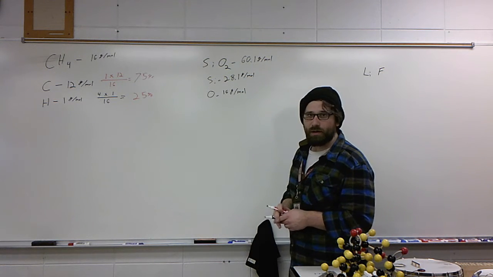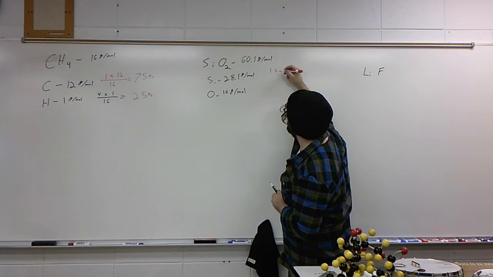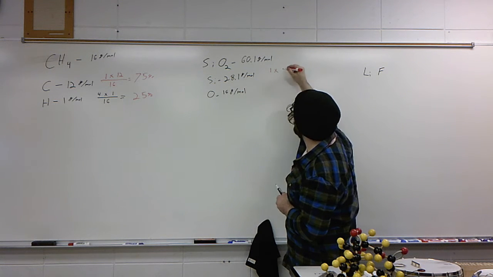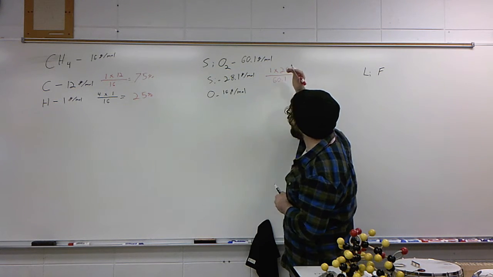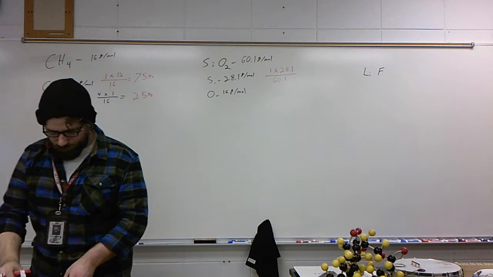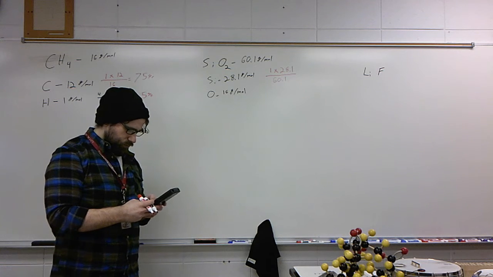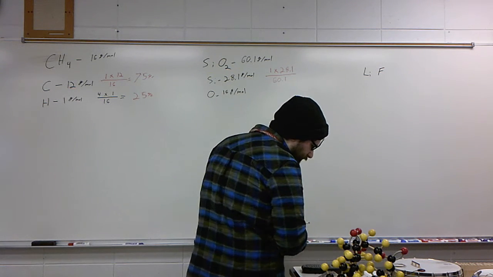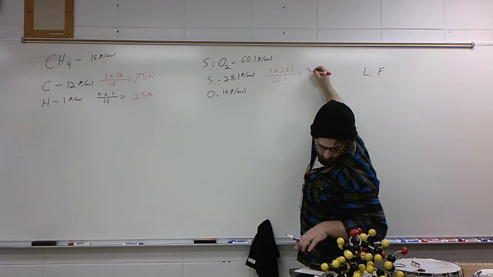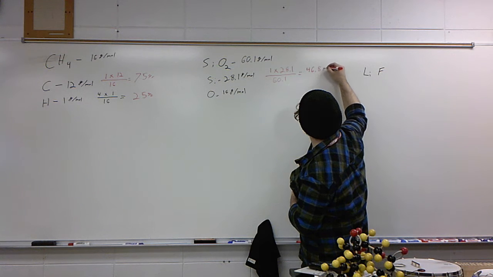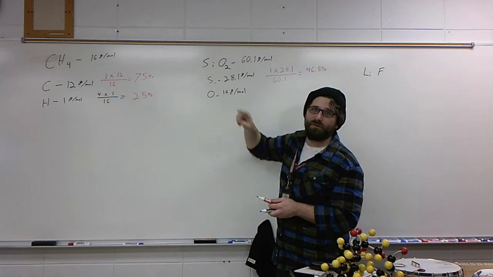Then looking at the percent composition, I'm going to take silicon. There is 1 silicon in each copy of this. So 1 times the molar mass, 28.1, divided by 60.1, the total molar mass. So just punch that into the calculator, 28.1 divided by 60.1. That gives me 0.4675, so we're going to round that to 46.8%. So 46.8% of this molecule is made up of silicon.